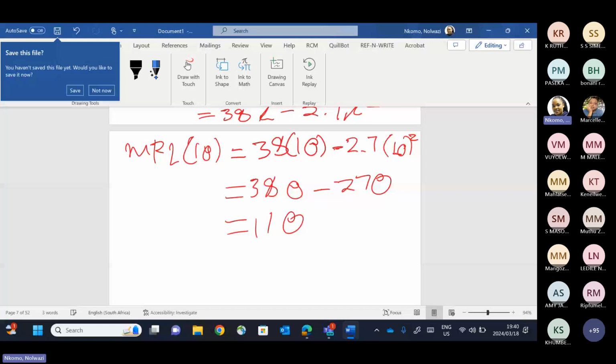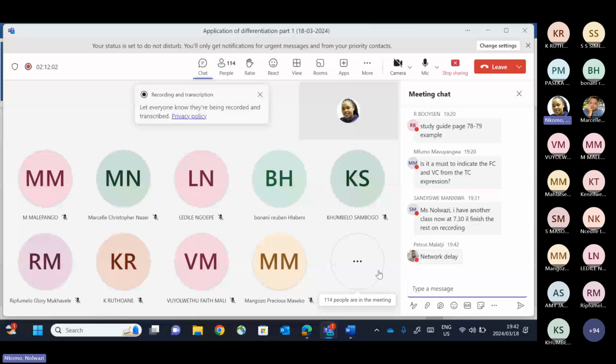Okay, I was saying if you are asked to find the average production per worker, you use the formula for the average production of labor, right? But if you are asked to find the production if you employ one more worker, then you'll find the marginal production of labor.